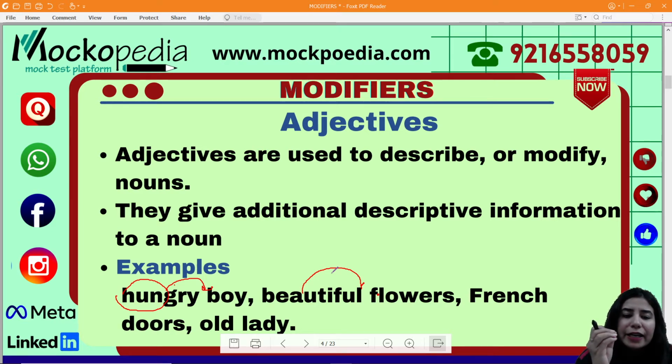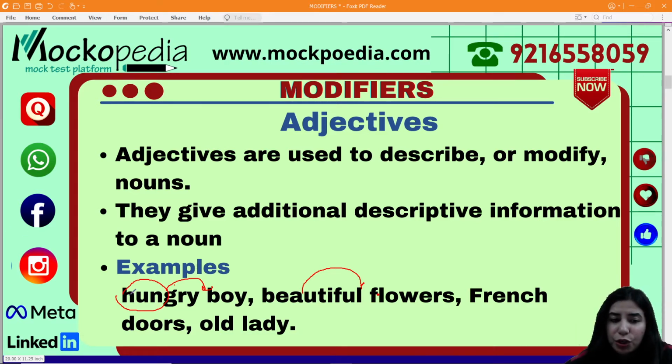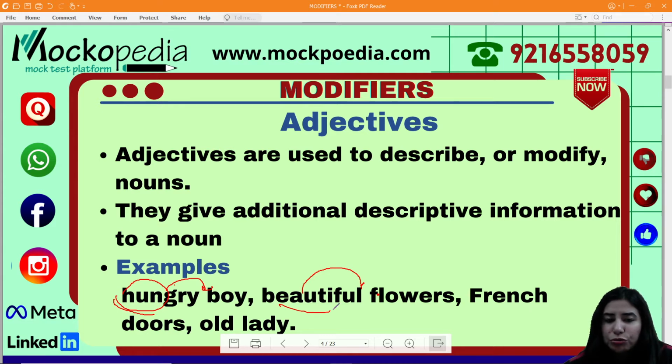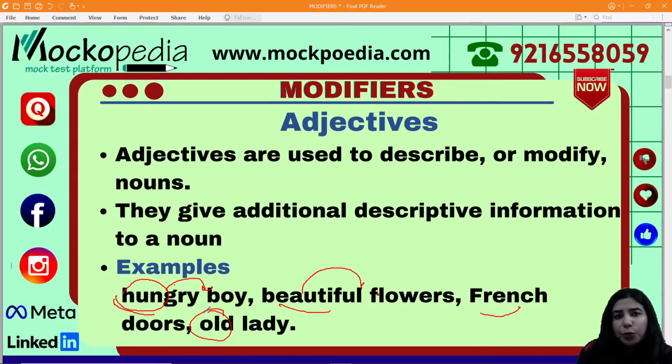Or in old lady, old is an adjective to lady. So I'll mark these words for you: hungry, beautiful, French, and old. All these are adjectives in nature, right? And what do adjectives do? Adjectives tell us about the quality of a noun or a pronoun, right? So I'm sure you're clear with the concept. Let's further proceed.